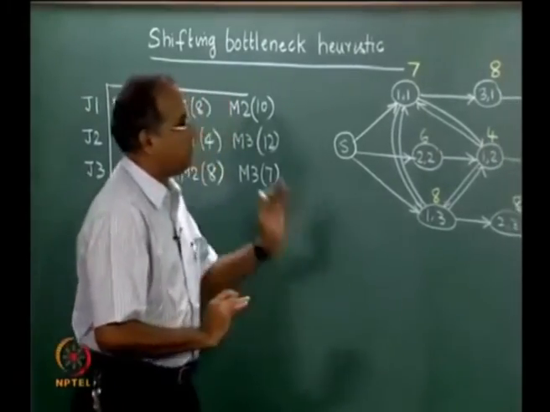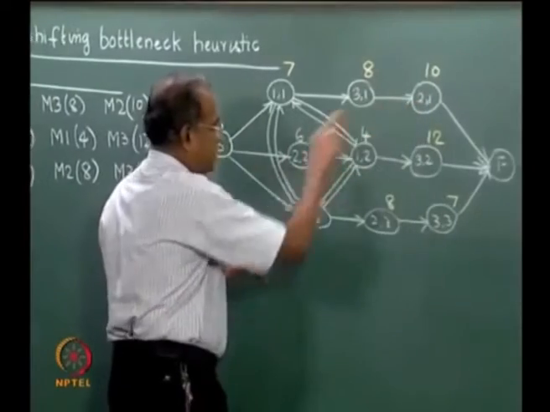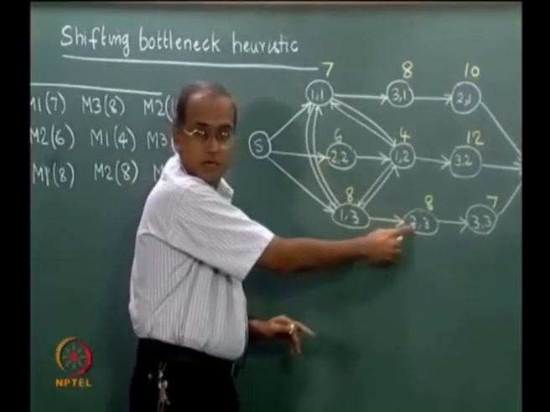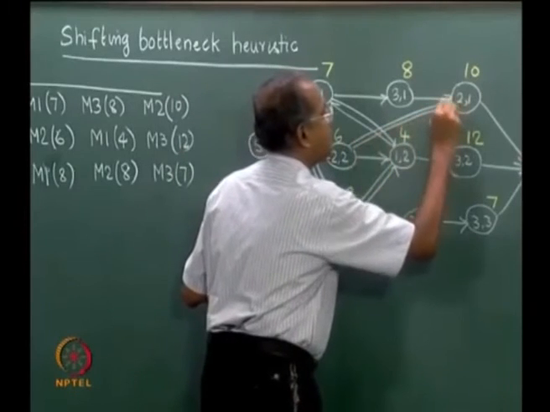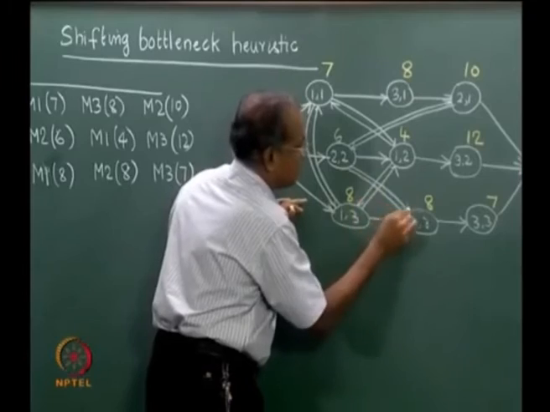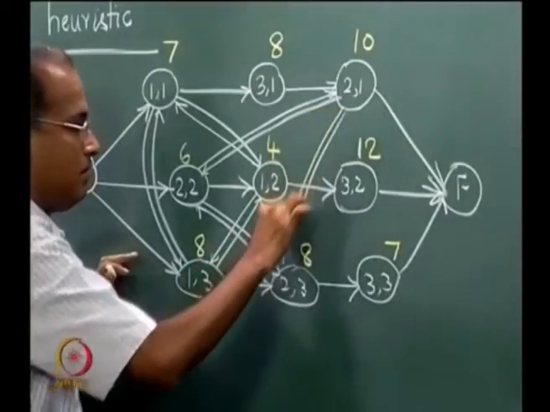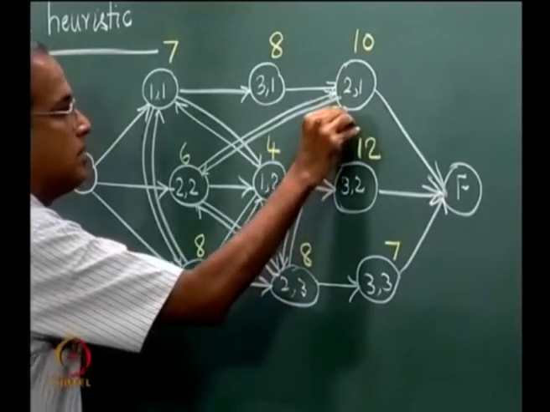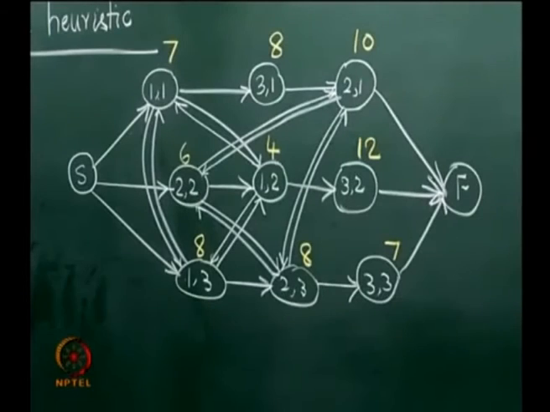Similarly, we have to do this for machine 2. Machine 2 is here, here, and here, so we would have something like this, and something like this, depending on the order in which the machine is going to process the jobs.